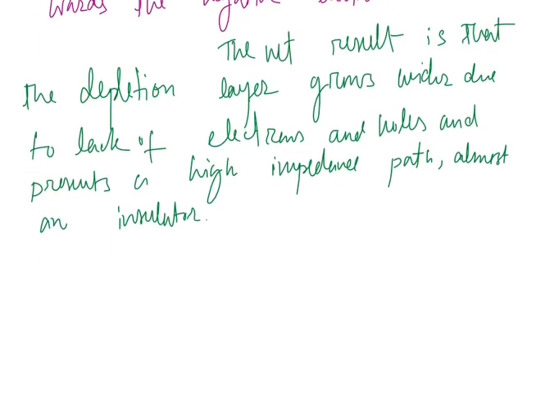The result is that a high potential barrier is created, thus preventing current from flowing through the semiconductor material.